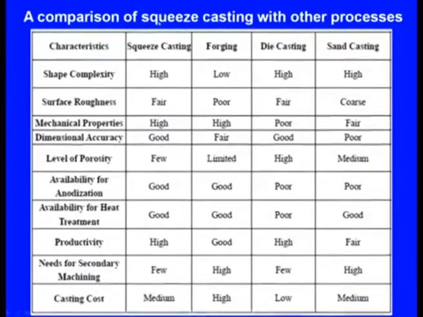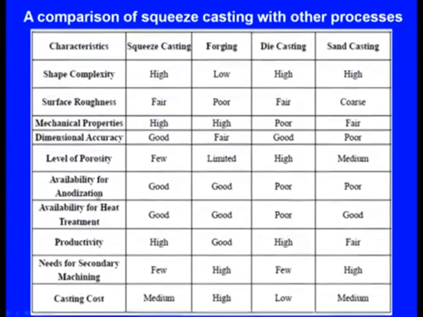Now, again we can see a comparison of the squeeze casting with other processes. So, we will consider squeeze casting, forging, die casting and sand casting, and here we can see the properties: shape complexity, surface roughness, mechanical properties, dimensional accuracy, level of porosity, availability for anodization, availability for heat treatment, productivity, needs for secondary machining and casting cost.